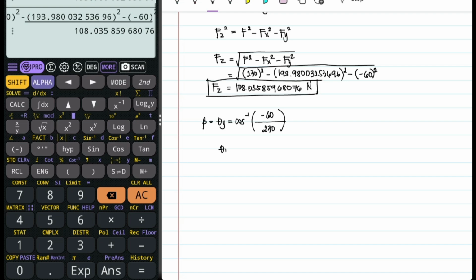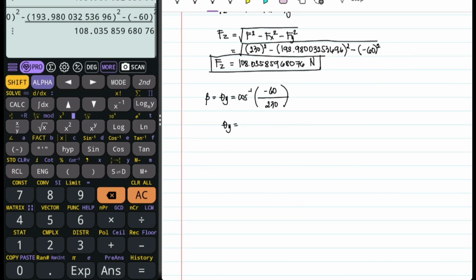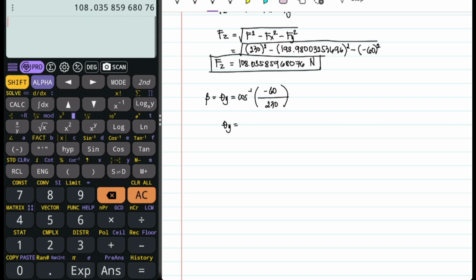Since f sub y has a negative value, we can expect that the angle will be greater than 90 degrees.